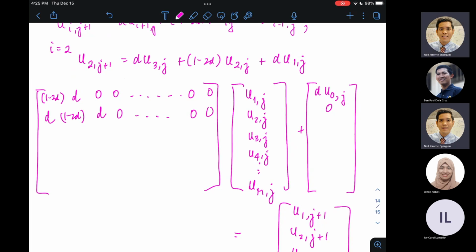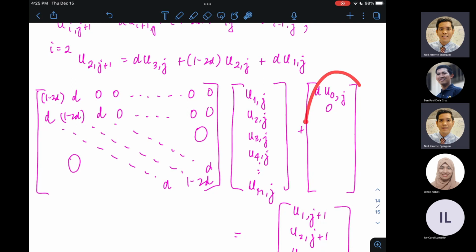You can do it a couple more times to see the pattern, but spoiler alert, yung pattern dito ay meron lamang akong tri-diagonal entry na yung main diagonal. Ang laman ay mga 1 minus 2Ds. Tapos yung dalawang off-diagonal entries, puro D yung laman. Tapos 0 na siya elsewhere.